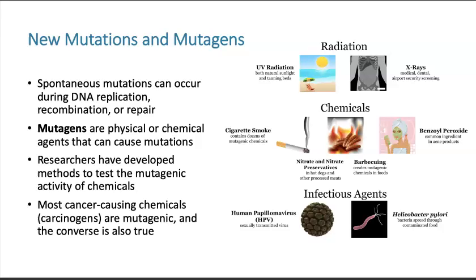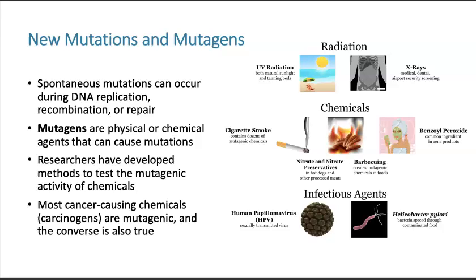We're seeing a lot fewer people transmitting HPV, which is an agent for cervical cancer. Also, Helicobacter pylori is a bacterium found in the stomach, and it's passed through food. It can lead to stomach cancer. So, kind of just categorizing those.